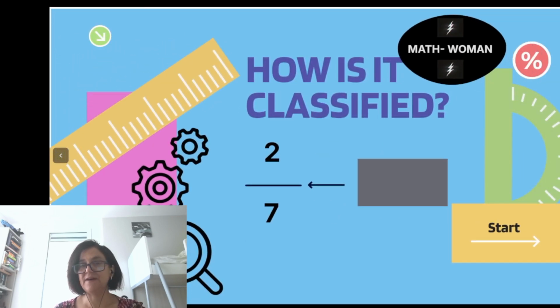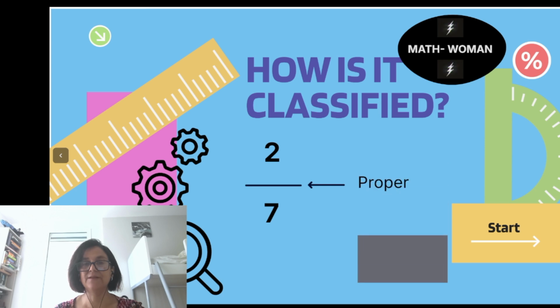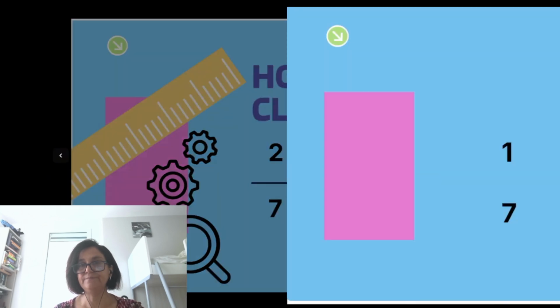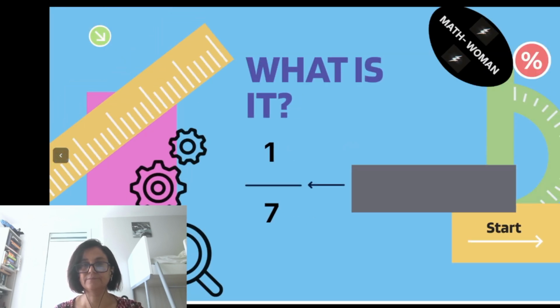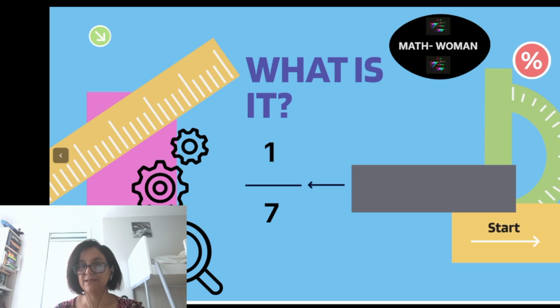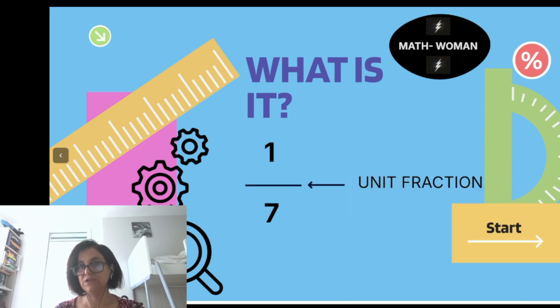How is it classified? 2 over 7 is a proper fraction because 2 is smaller than 7. What is it? It's a unit fraction. Every fraction with the numerator 1 is a unit fraction.